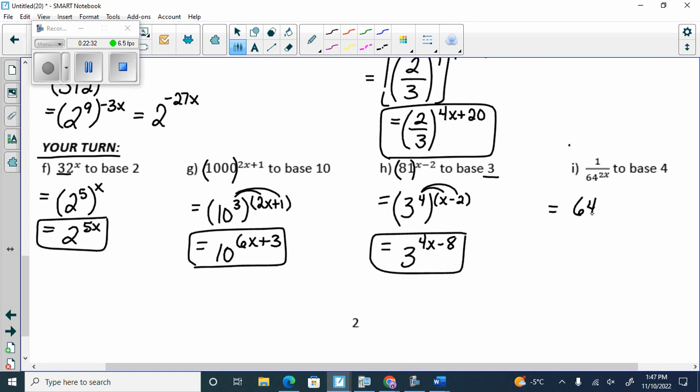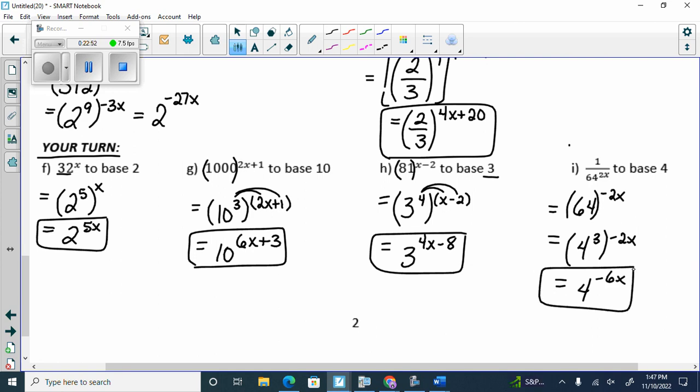So it'd be 64 to the negative 2x. And then replace the 64 with 4 to the what? 3. So I get 4 to the negative 6x. And then we're flipping over.